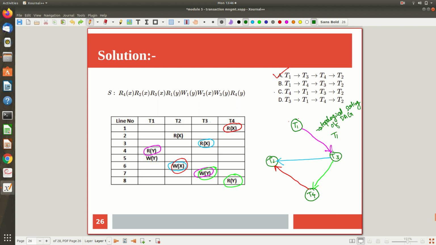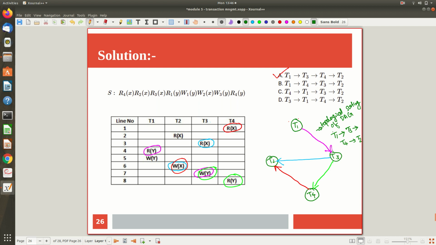So there is only one topological sorting possible for this particular directed acyclic graph: T1 followed by T3 followed by T4, and then only can you come to T2. This is very important.